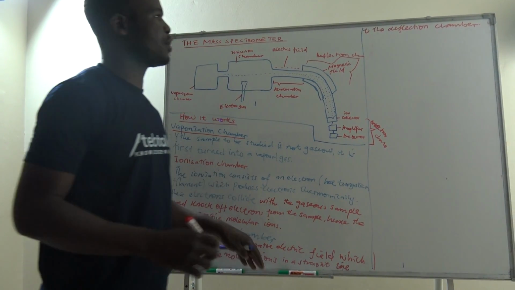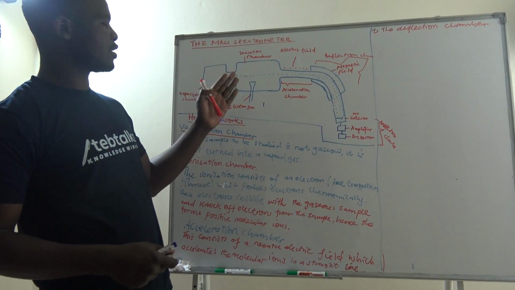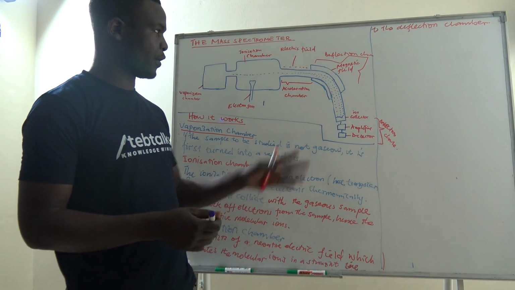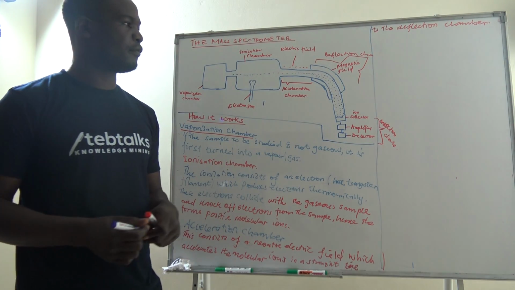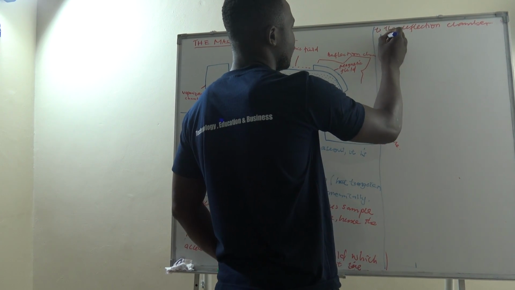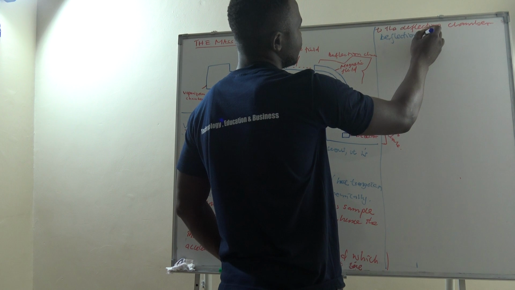The deflection chamber. Now next, our ions are in the deflection chamber, or in the magnetic field. So what happens in the deflection chamber?